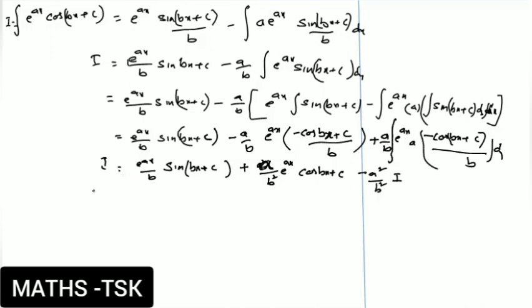Right, if you take I common, you get I into 1 plus a square by b square is equal to e power ax by b square. If you take common, it becomes b sin bx plus c plus a cos bx plus c. Write like this. Right. This becomes plus a cos bx plus c.